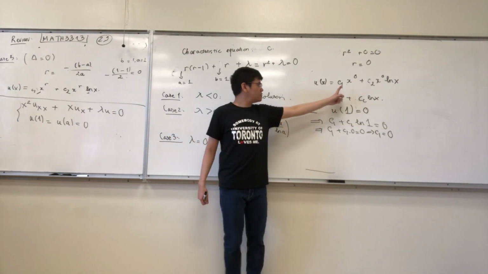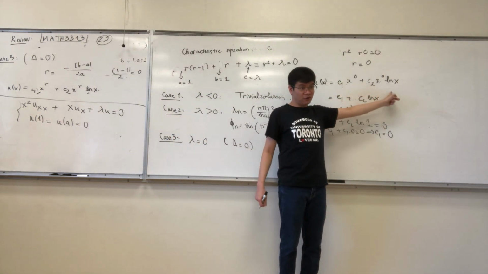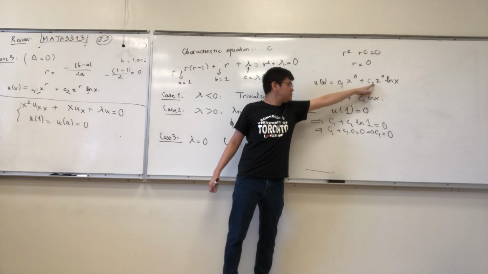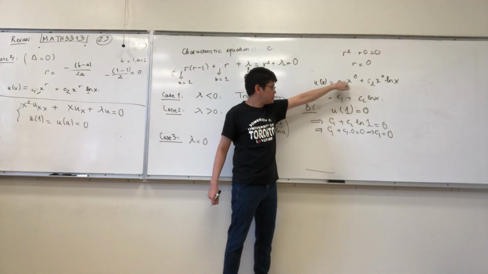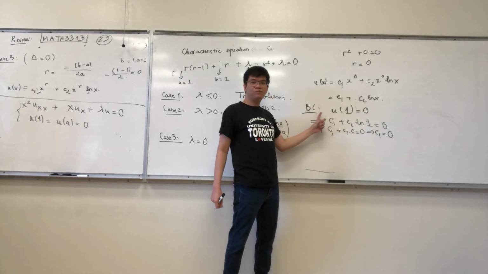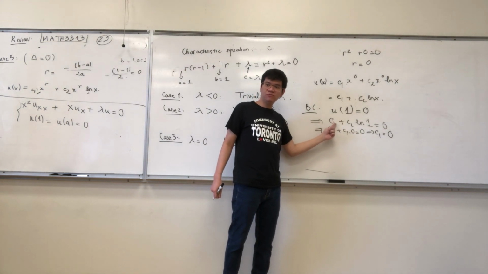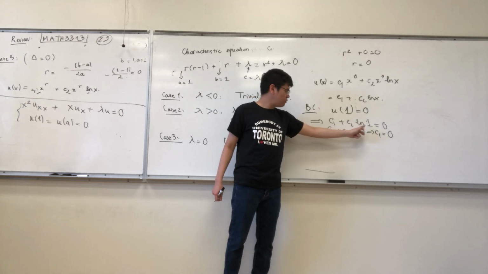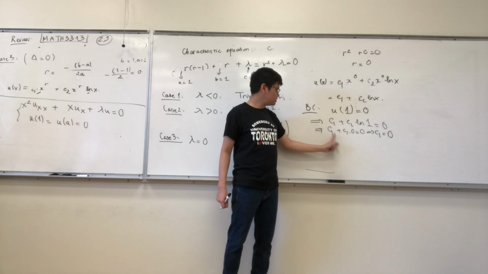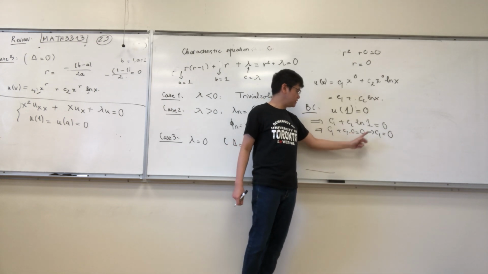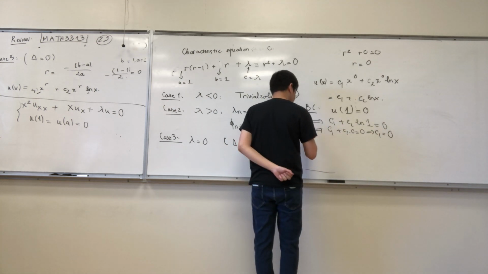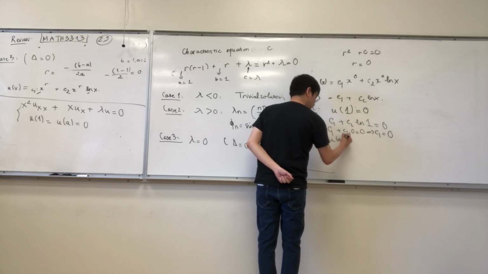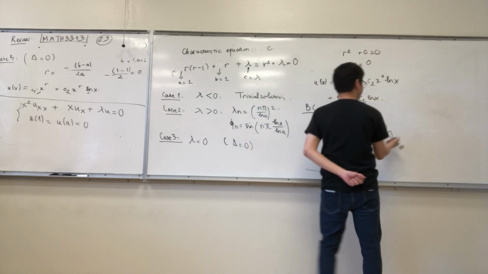You replace in the formula, you have c1 x to the 0 plus c2 x to the 0 log x. x to the 0 is 1, so you have c1 plus c2 log x. Now you replace the first boundary condition, you have u(1) is 0, meaning that c1 plus c2 log 1 is 0, so you have c1 plus c2 times 0 is 0, so c1 is 0.